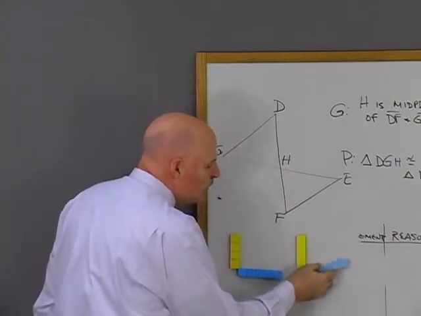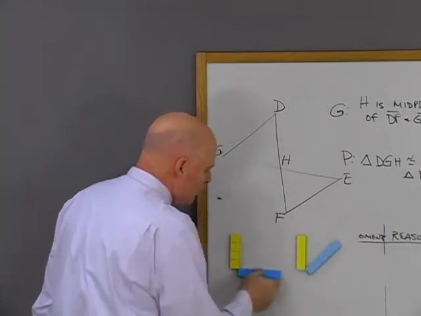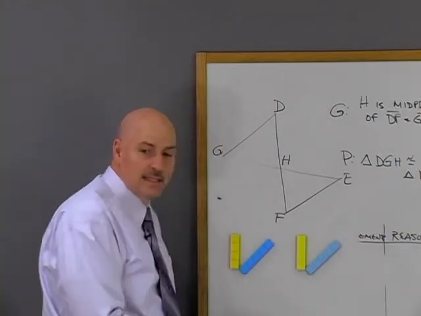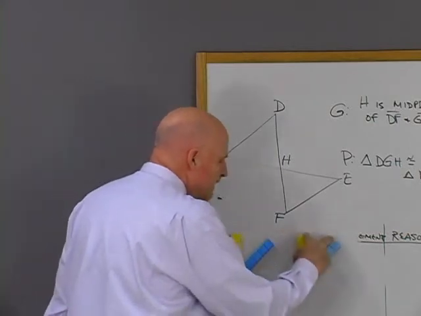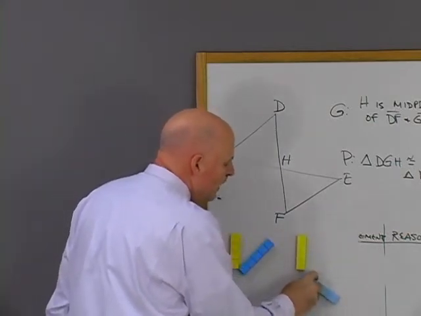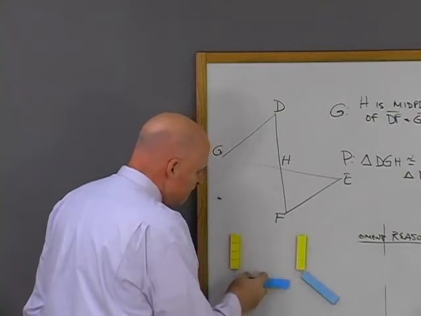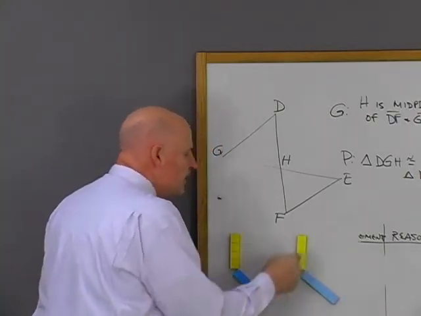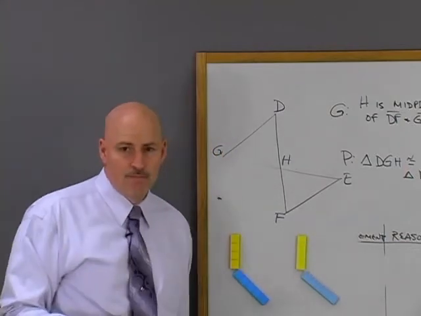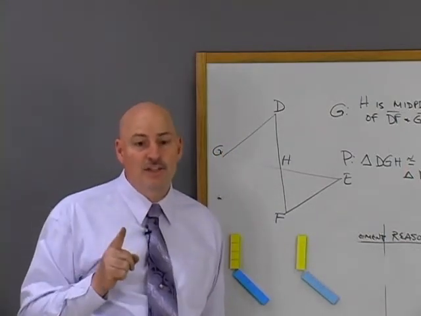So if these two angles are 60 degrees, for example, would they be the same? Yeah. No matter what I put there, it's going to be the same piece there. If I made the angle 120, and this angle is 120, whichever piece goes there is going to go there. You see that? So we have another postulate then.